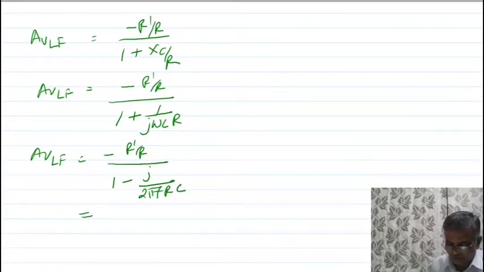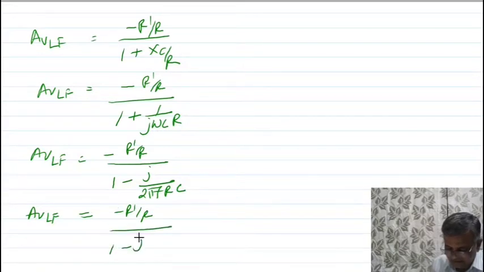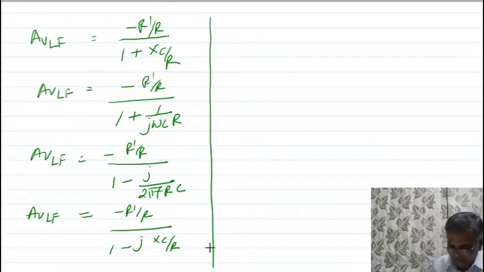So this omega I have written, omega is nothing but 2 pi F. This gain I am writing again. This is your gain at mid frequency actually, 1 minus j Xc upon R. Already you know that, where Xc I have written Xc dash.